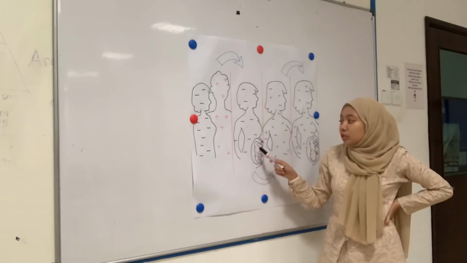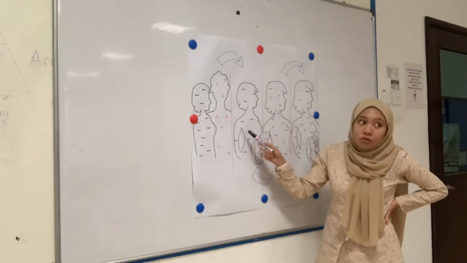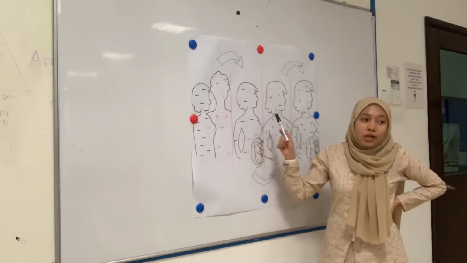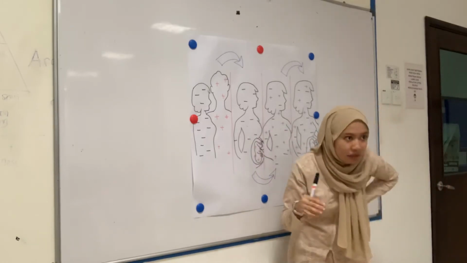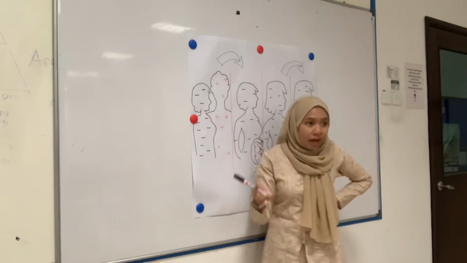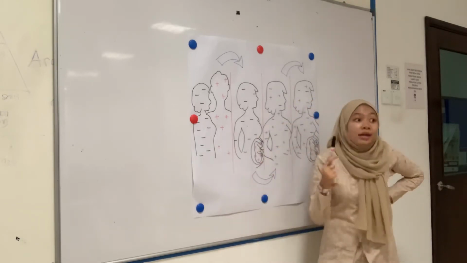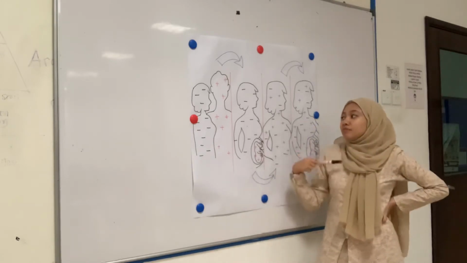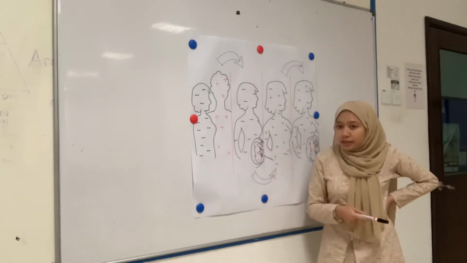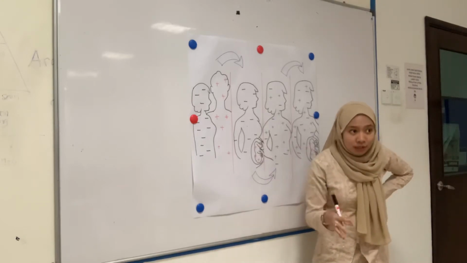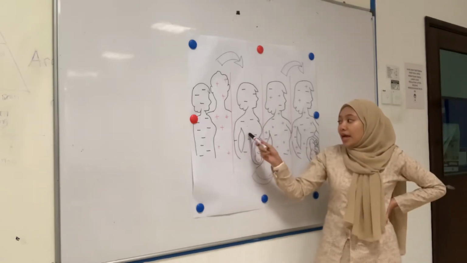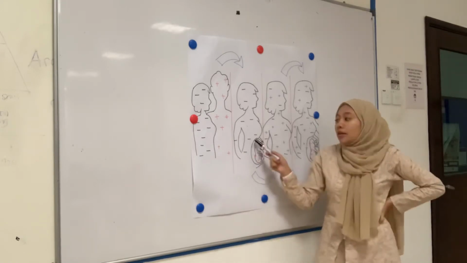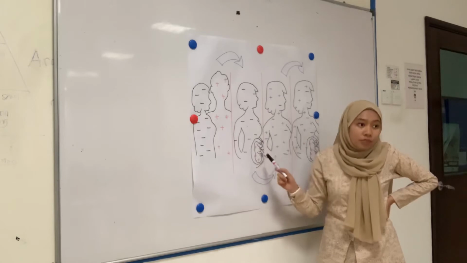When this rhesus positive blood enters rhesus negative blood, Aminah's white blood cells will react by producing anti-D antibody. That antibody will then enter through the placenta and destroy the red blood cells of the baby.